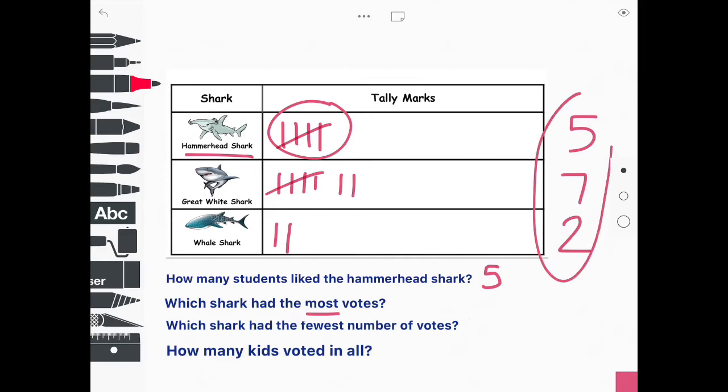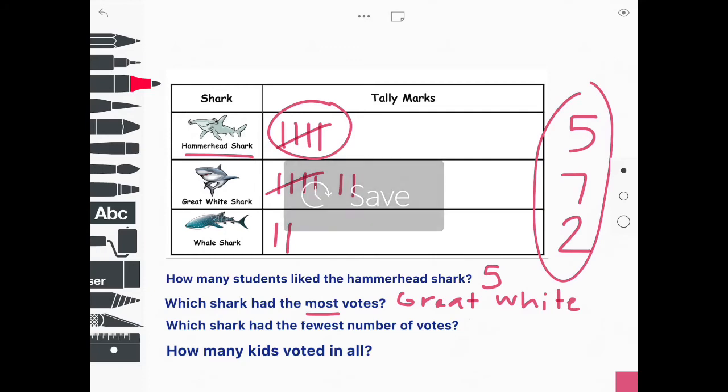When I look at these 3 numbers over here, the word most means the greatest number, and I know out of 2, 5, and 7 that number 7 is the largest number or the greatest number, and that means that it had the most number of votes. So the great white had the most.